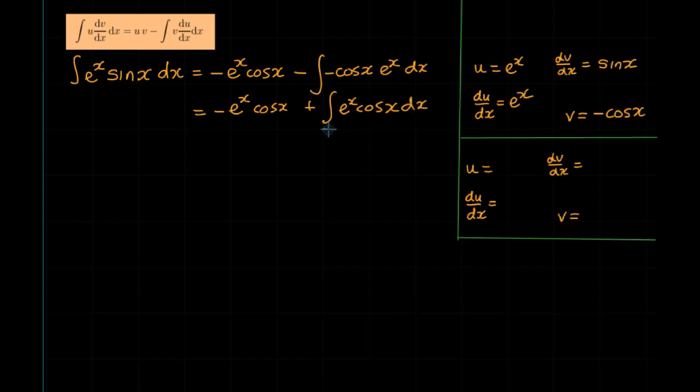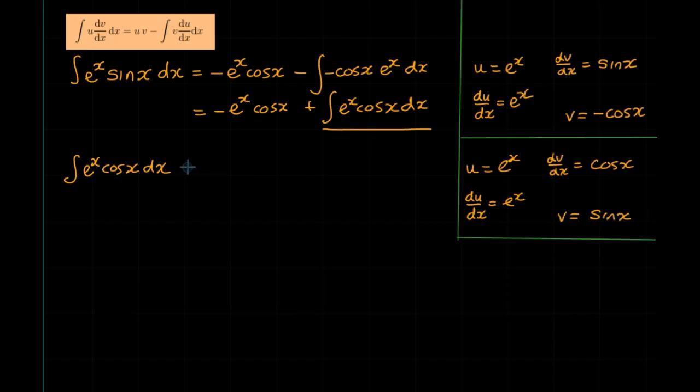So I now need to integrate e to the x cos x, and I'm going to do that separately. So let's do that now. E to the x cos x. We've got to reassign u and dv by dx. U, I'll stay with e to the x, and dv by dx is now going to be cos x. When we integrate that, we get sine x.